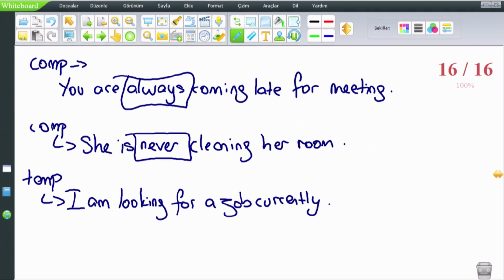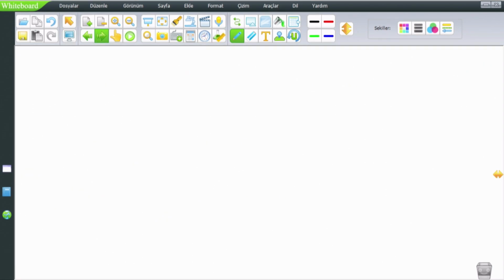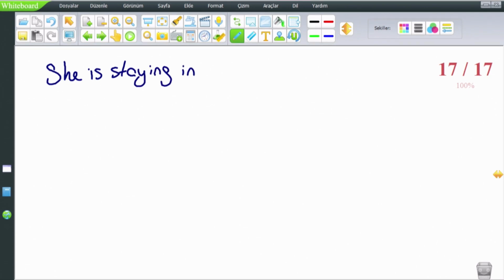It is not just happening right now, but rather it is in a more wide time period. She's staying in a hotel this week. Again, a temporary situation.